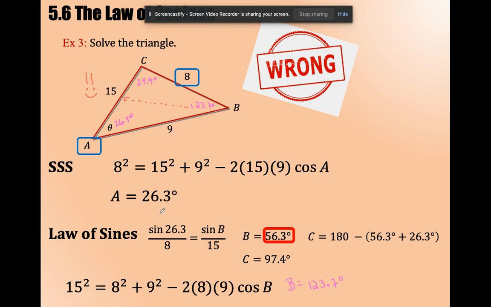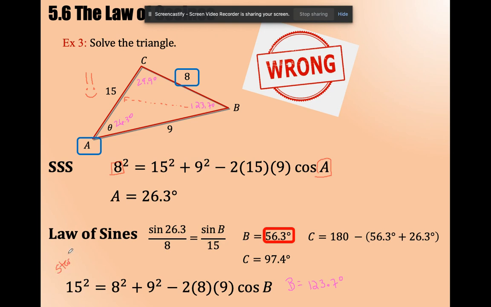Or here's another way to try to avoid that situation. Notice that when I did the law of sines, I chose 8, right? Because I have a side, side, side situation, I could have chosen any side to start with. Maybe I should have started here.